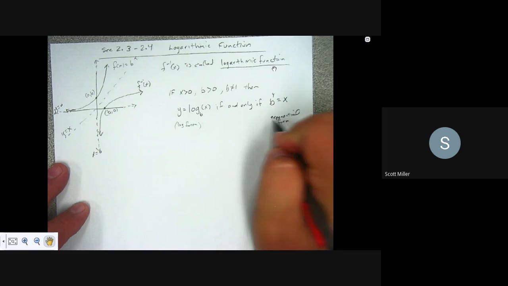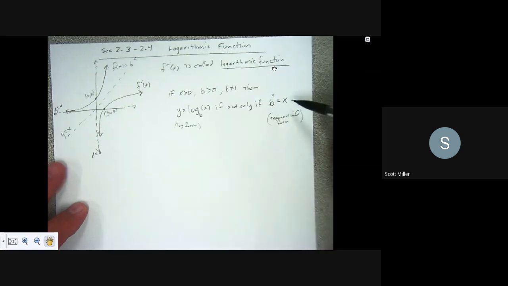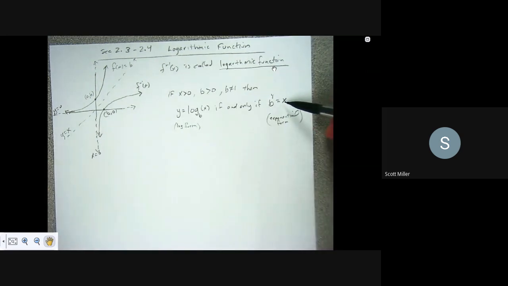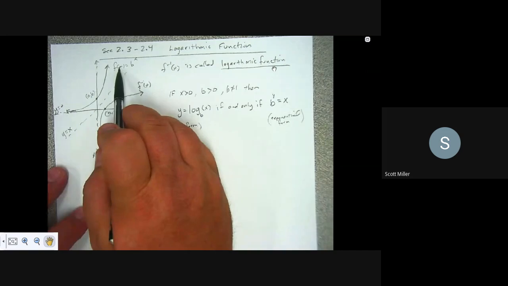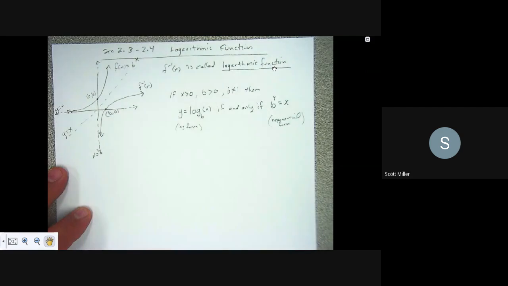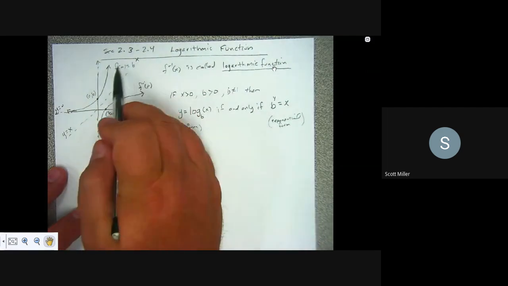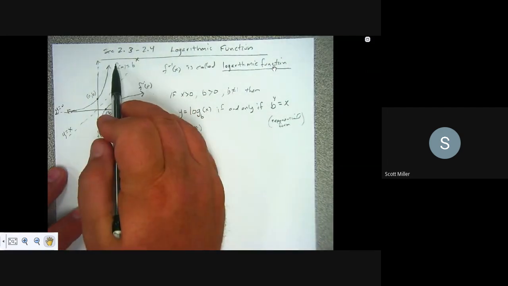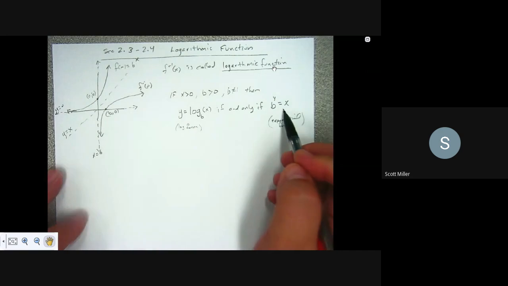Well, how did this come about? Remember, this is a y, that is an x, and to find the inverse, I simply switch the x and the y. So if I switch the x and the y of this function right here, I'm going to get its inverse right there.